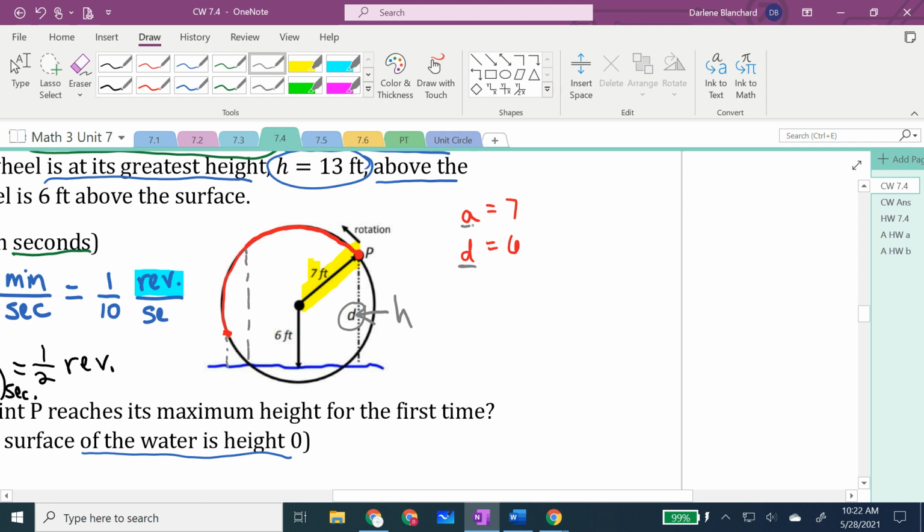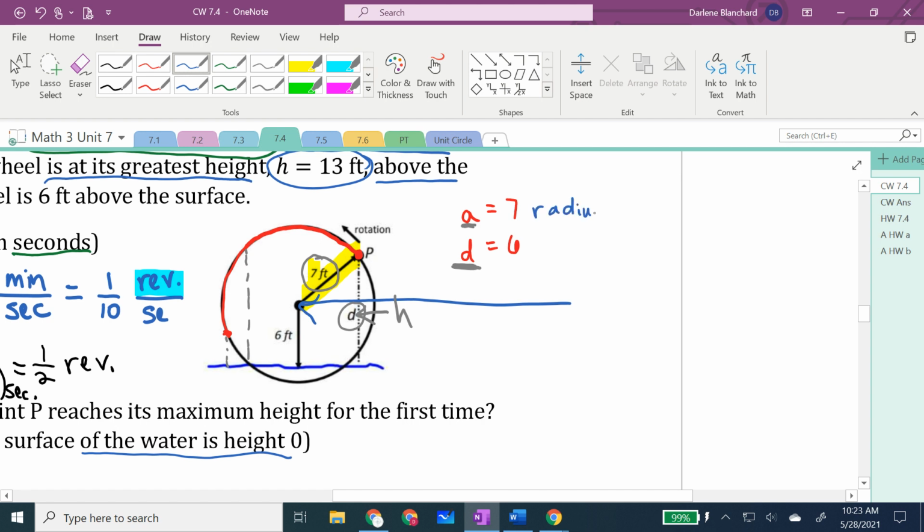But do you see that amplitude and vertical displacement? Amplitude is the radius of that circle. And what do you notice is so important about this shift? What you want to notice is that vertical shift is the location of the center of that circle.